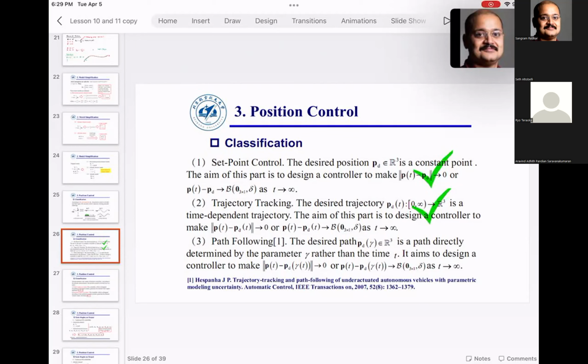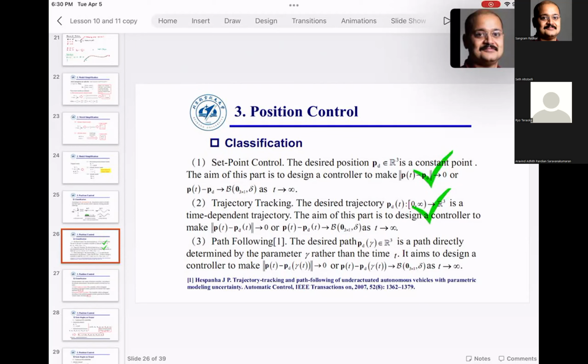Now let's try to approximate something like this. We want to go from point A to point B, but in between point A and point B there are maybe a million points. What I want is for the quadcopter to go slowly from point A to the first point, the second point, the third point, the fourth point.